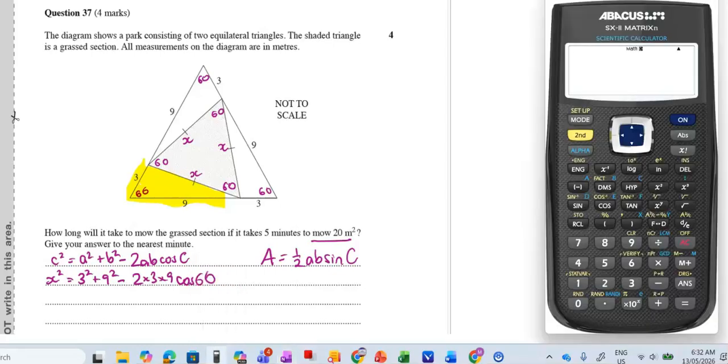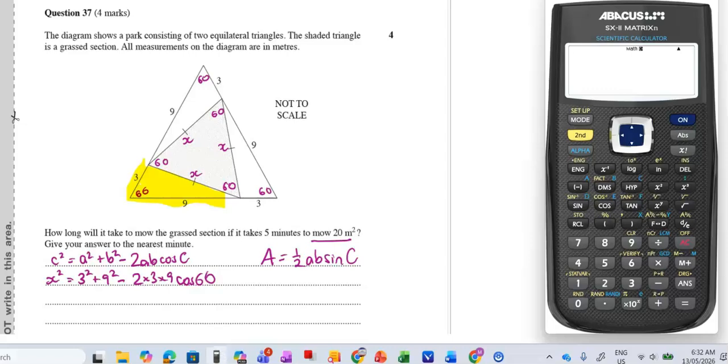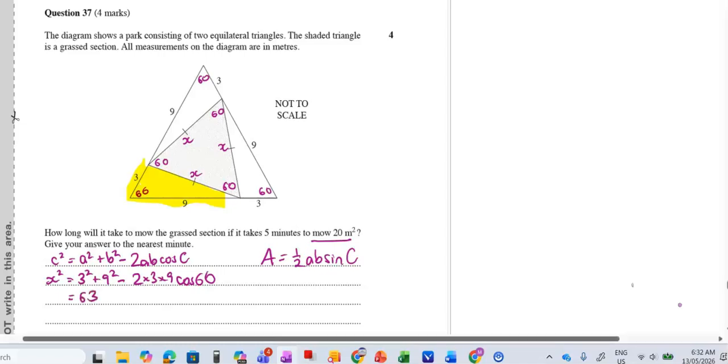I can put all of that in my calculator. 3 squared plus 9 squared less 2 by 3 by 9 by cos 60. Okay, I get 63. That's what x squared is.